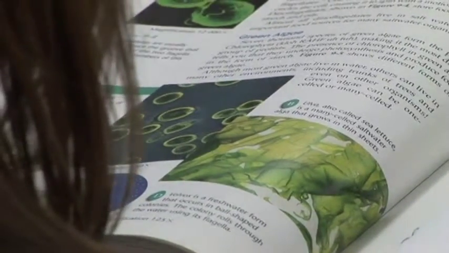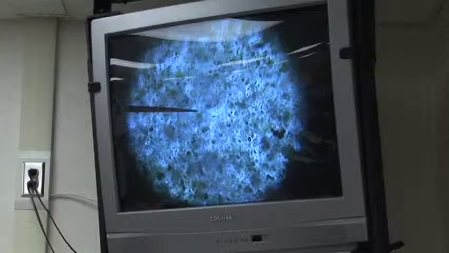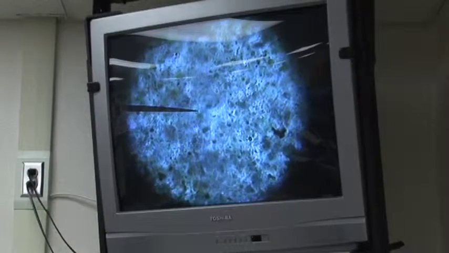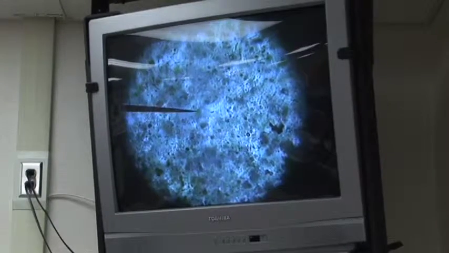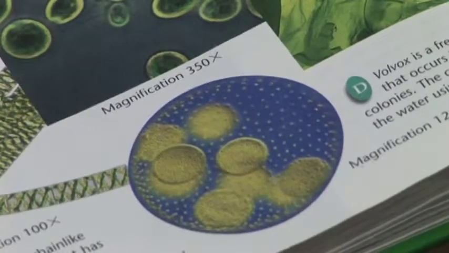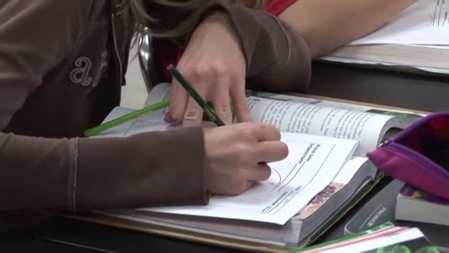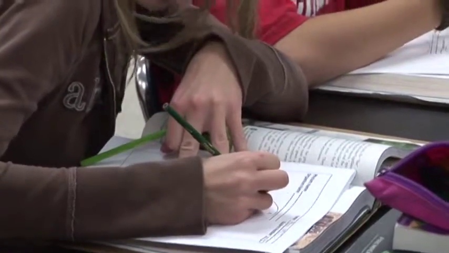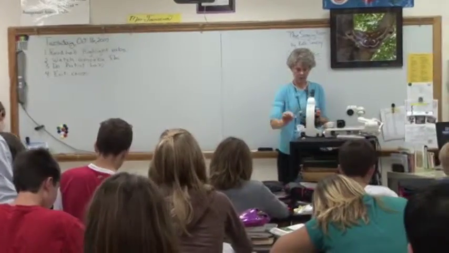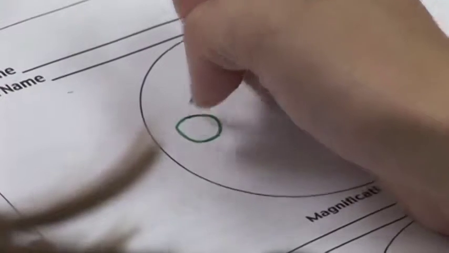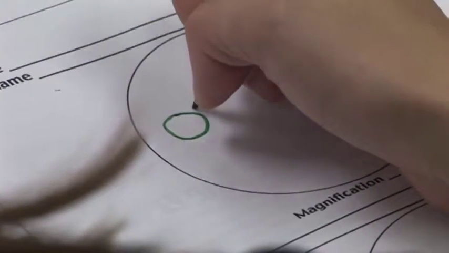It's the one that's the Volvox, V-O-L-V-O-X, Volvox. A Volvox is a little teeny green ball that has green dots on it. Would you please draw that one? Draw a Volvox. And while you're doing the green Volvox, I'm going to find some Daphnia here. All right, here's my little critters.